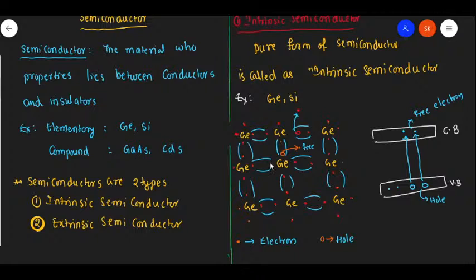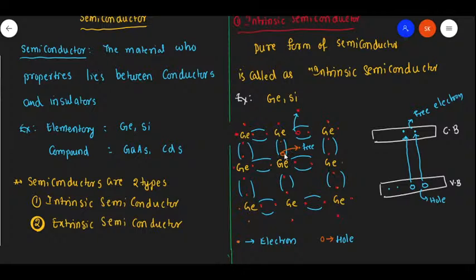For example, the electron from here jumps to here, and at that moment a vacancy is created here. This electron goes here and fills the vacancy, then a vacancy is created here. That means the hole comes to here. Indirectly, the electron moves from here to here, but the hole moves from here to here. So we say that holes also move.